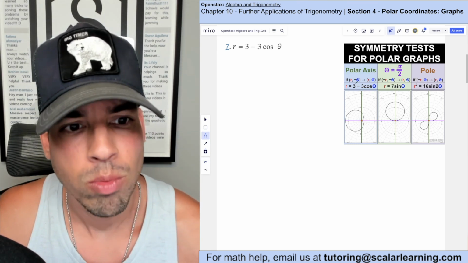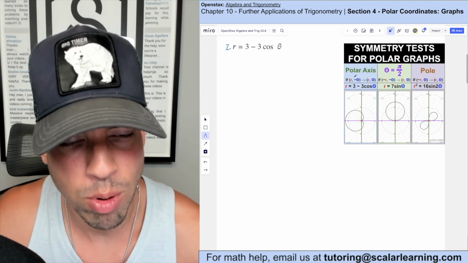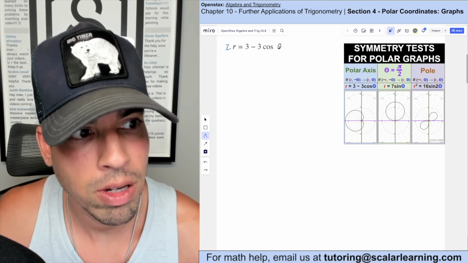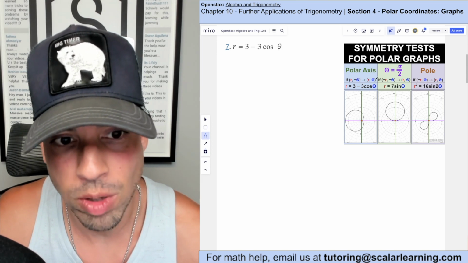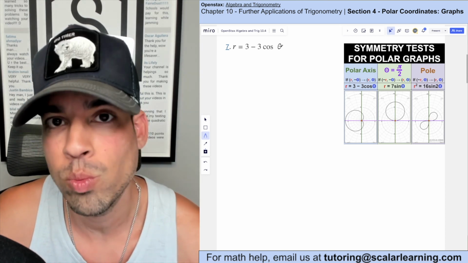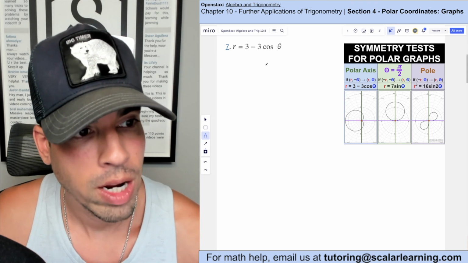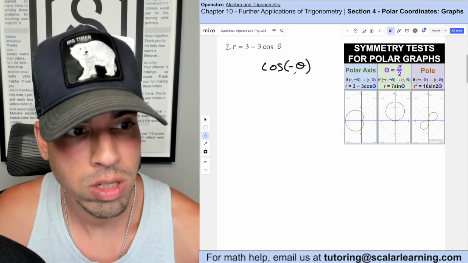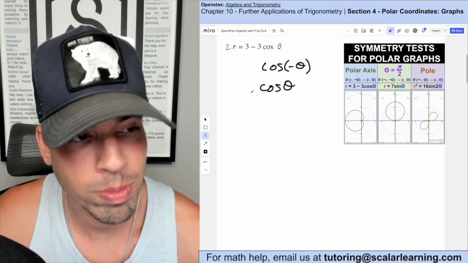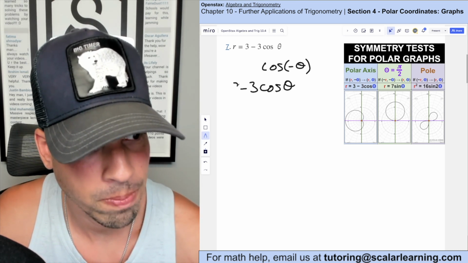Now, first, we're going to test for polar axis symmetry. So when I plug in negative theta, what this is asking is, do I just get regular theta? I actually would, because when I take cosine of negative theta, if you remember the symmetry rules, cosine of negative theta is the same as cosine of theta, which means nothing changes in the function, okay?